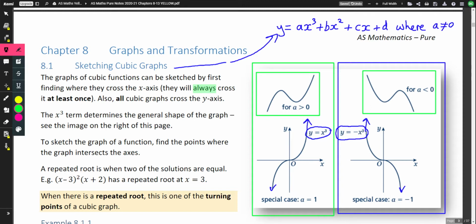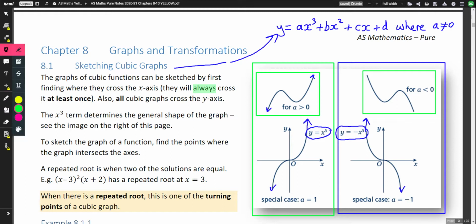The most is 3 times. But they will definitely cross at least once. I hope that's obvious from the general shapes on the right hand side. If all cubic graphs go up to positive infinity, which they do, and down to negative infinity, then that means they will definitely cross the x-axis somewhere.